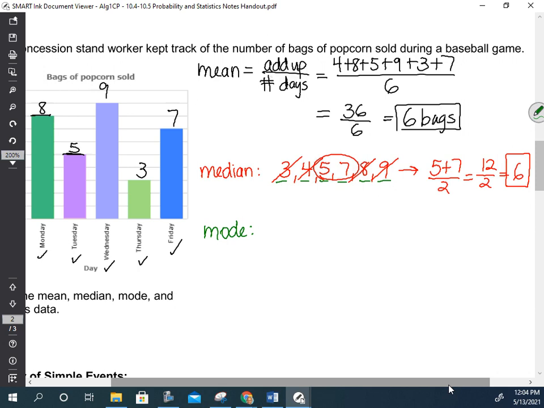So if there are no repeats, then put none. Do not put the number 0, because if you put 0, then you're telling me that 0 was sitting up there. I don't see a 0 up there. So don't make that mistake. If there is no mode, write none.